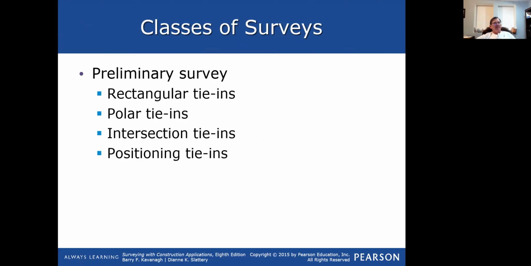The slides I'm going to show you next sort of blend together a little bit. A preliminary survey is how things are done in the very beginning of the surveying, and this is what is utilized by engineers and architects. There are two primary ways that we gather this information, called polar tie-ins and positioning tie-ins, the way your book references it.